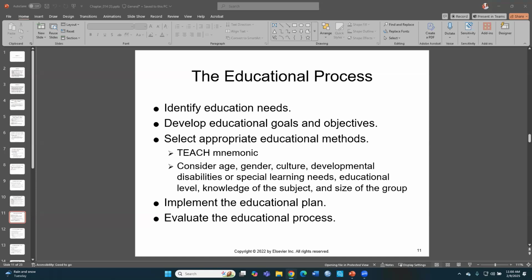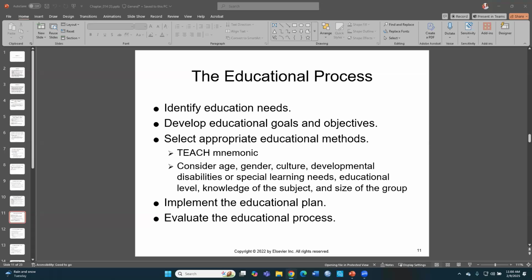We're going to look at what we think will increase the client's ability, their motivation to learn, and then we can assist in establishing and prioritizing those needs. So we do want to also select the appropriate education material that will help efficient and successful accomplishment of our goals and our objectives.